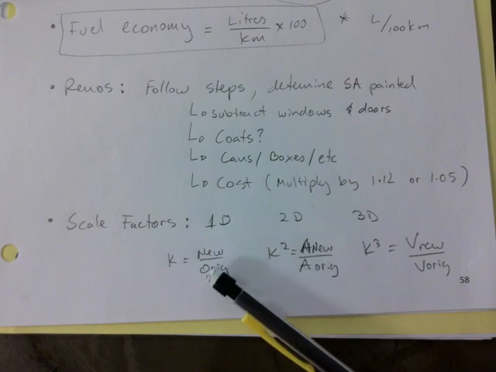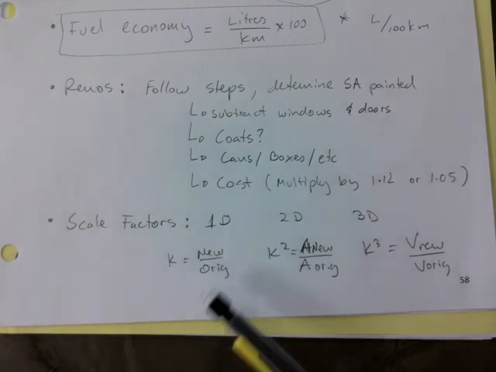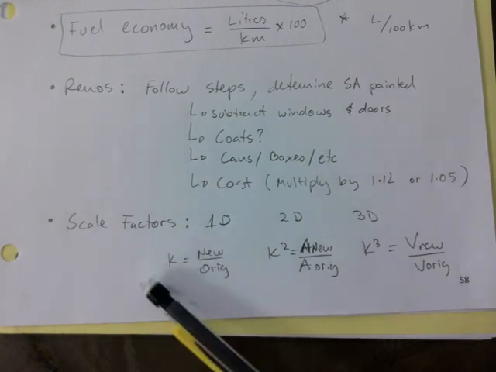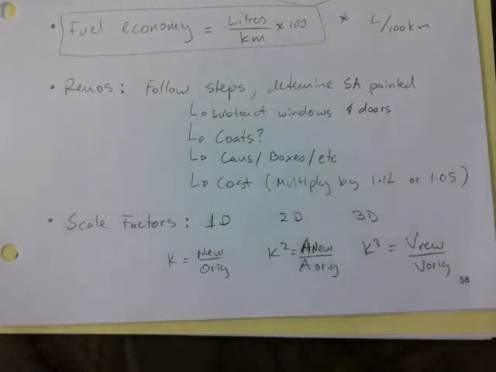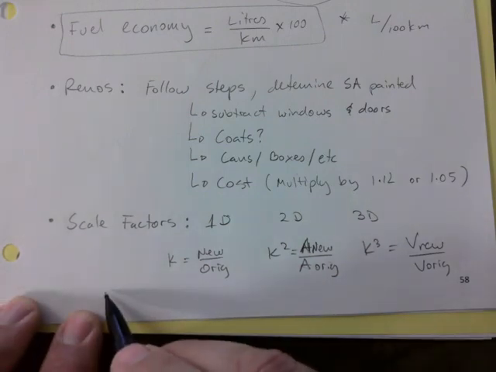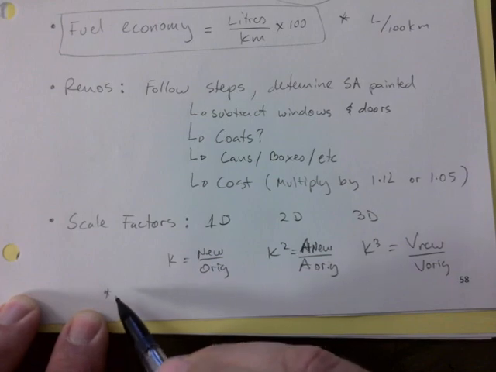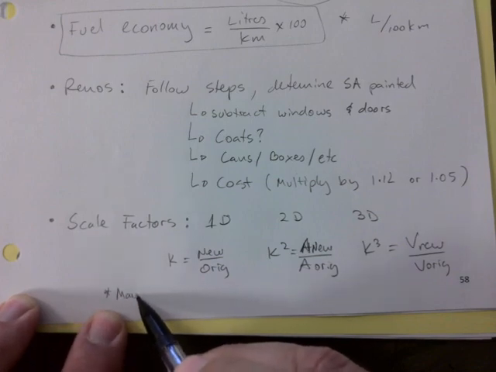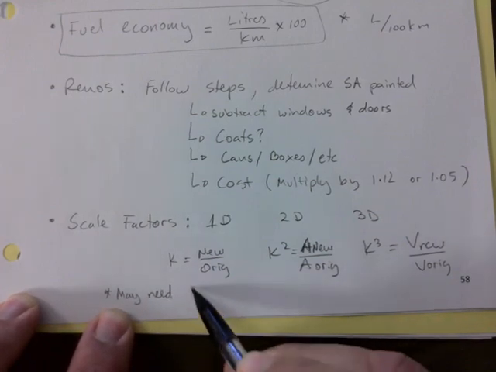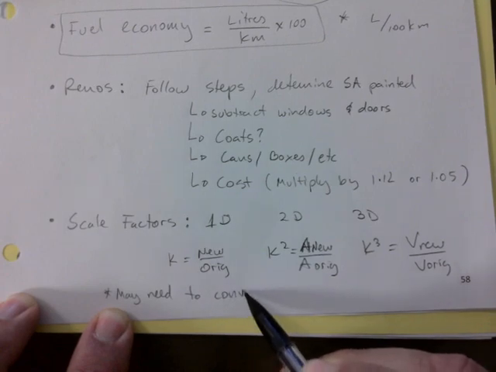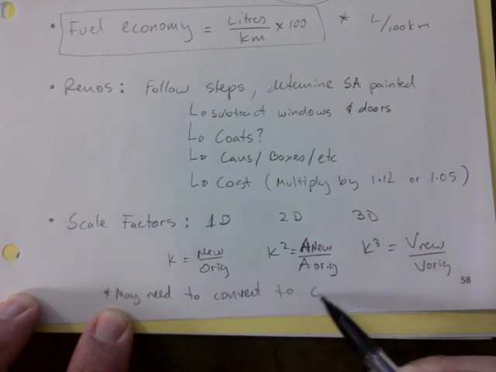So if they give you both, let's say lengths, it's easy to find a scale factor, right? That's what they're asking you for. Just divide and multiply by 100 if you need the percentage, or just divide. You might have to convert to cancel out units.